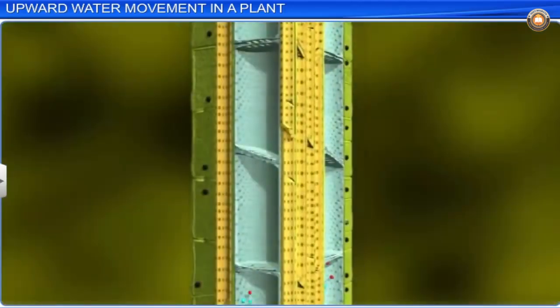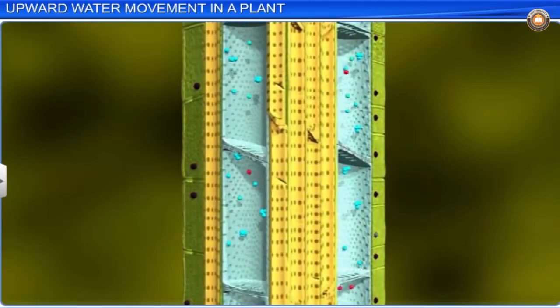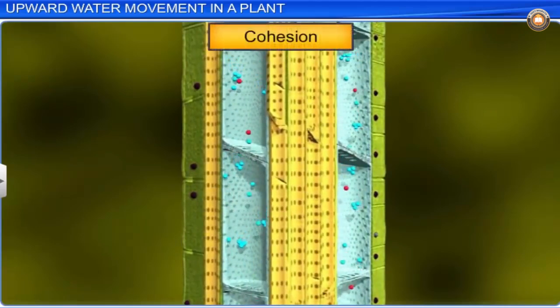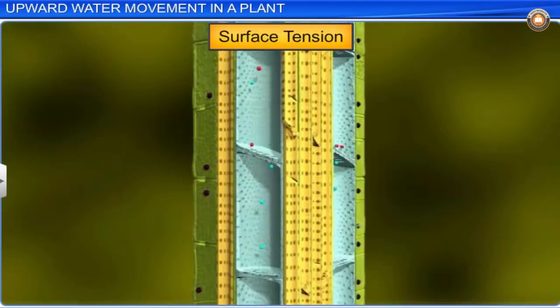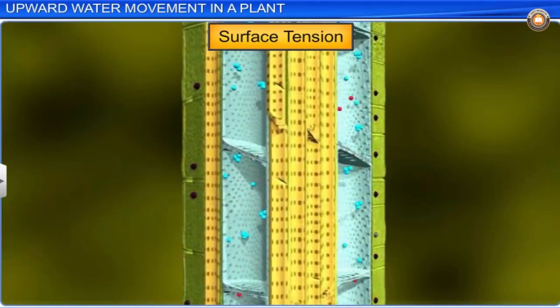Water transport is also aided by cohesion and surface tension. Cohesion is the mutual attraction between water molecules, and surface tension is the force acting on a water molecule traveling upwards in the xylem.